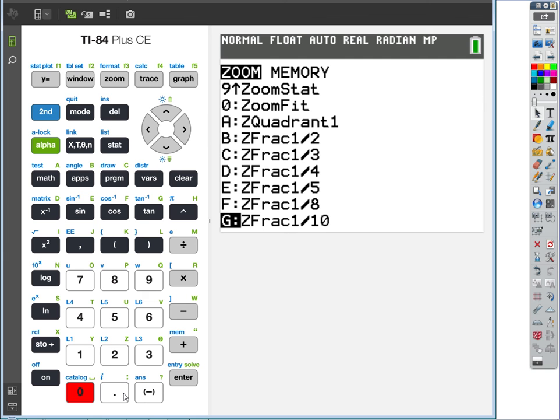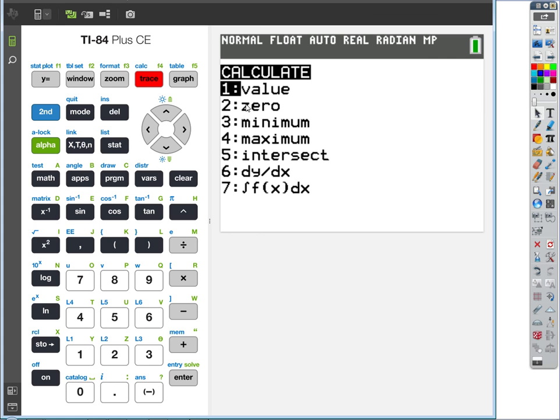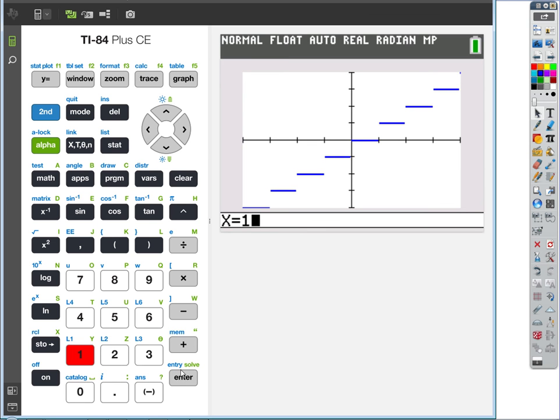So how do you suppose you know where the holes are on this function using a calculator? Yeah, you could. There's another way too. We could just test values. Remember our shortcut for testing values? The long cut is second, calculate, and then these are all the things I can do with a graph. I could go value, and then type in 1, for example, and hit enter. Look where it puts me.